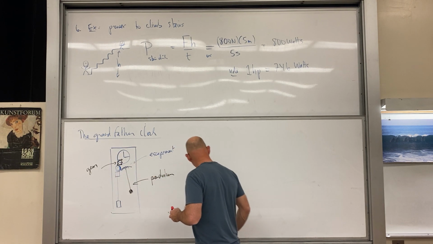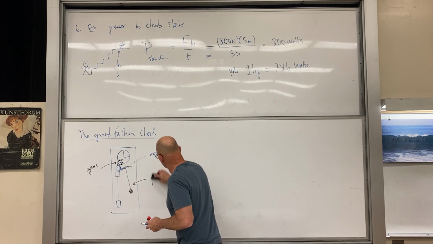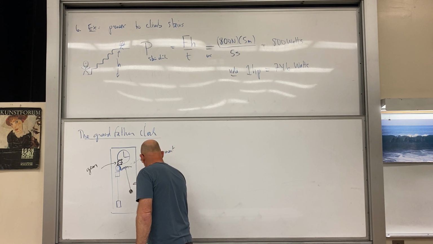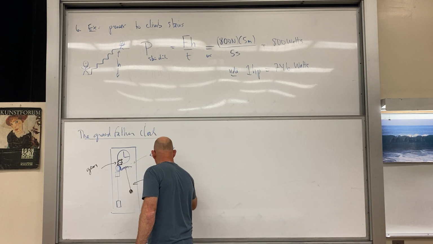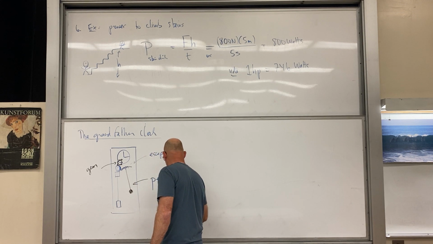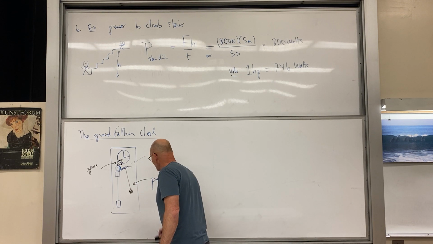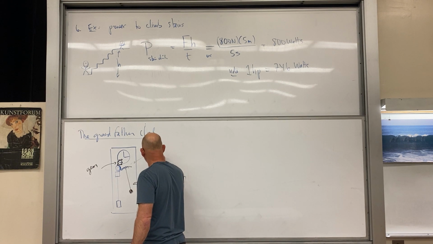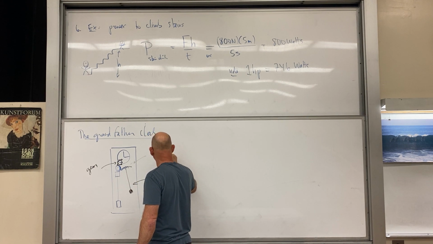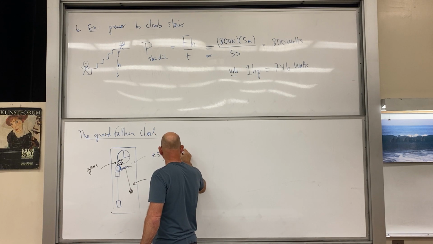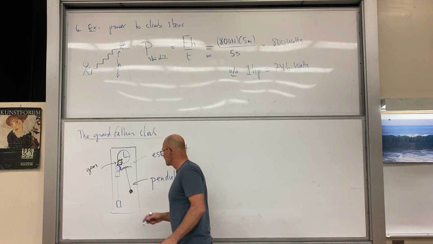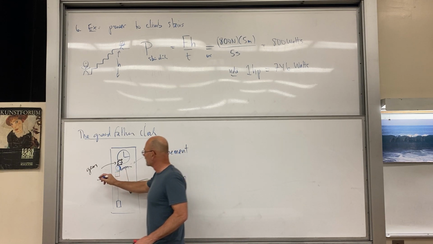So pendulum, I'm going to write these out more clearly because I want you guys to really look these up. So you've got the pendulum, you've got the escapement, and then over here you've got the mechanism.